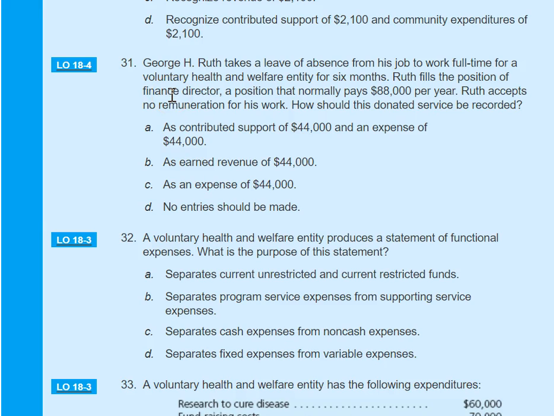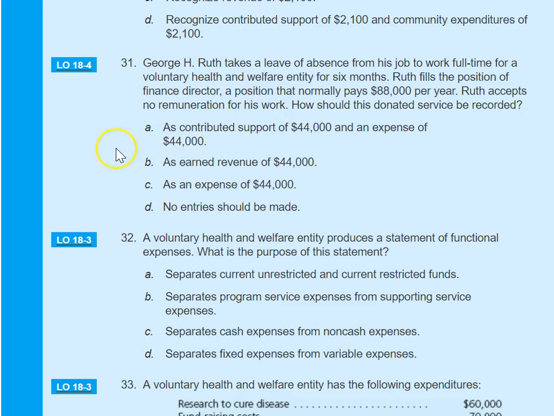For that position they usually pay $88,000, but Ruth didn't accept anything, and he worked for 6 months. That means the service he performed is equivalent to half of this $88,000, which is $44,000. And of course, it requires skills, expertise and knowledge, so they have to record it. The healthcare entity must record it as finance director salaries expense, debit, and they also show the contributed support as credit.